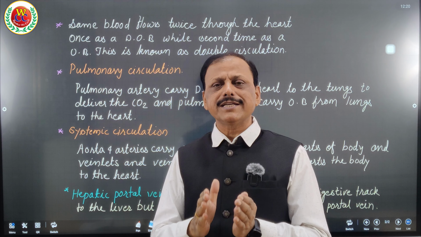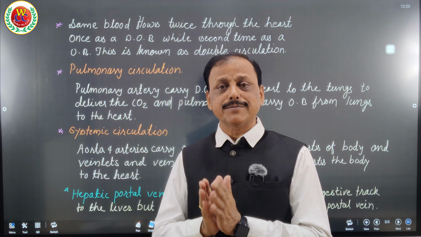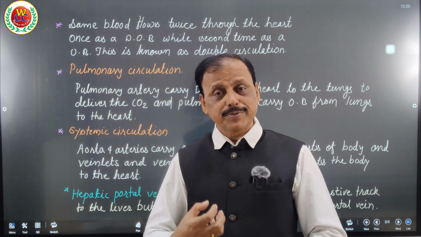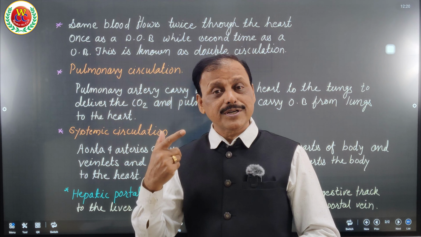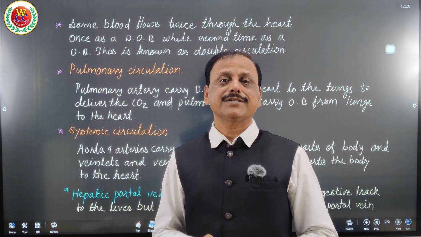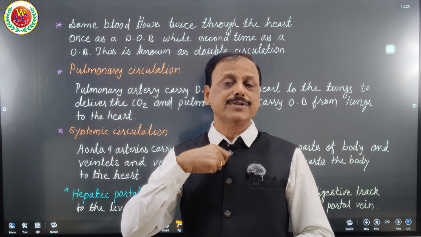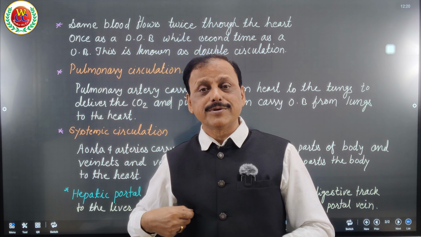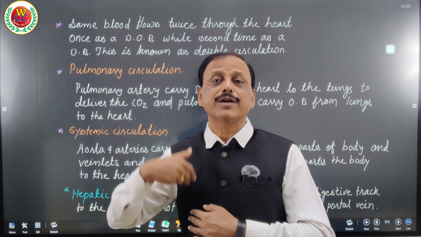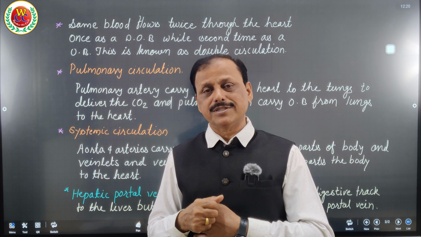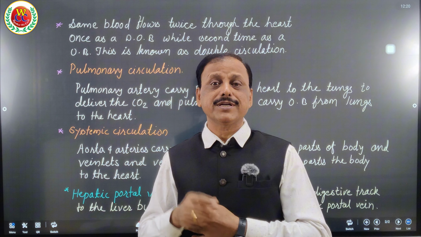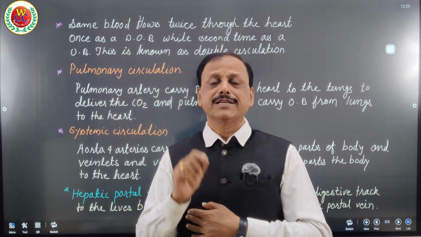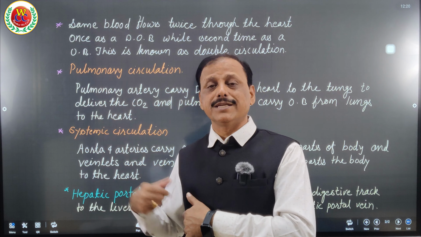It does not carry oxygen and carbon dioxide, but it carries the freshly digested content absorbed into the blood to the liver for checking toxic components. So it does not go directly to the heart; instead it goes to the liver to get free from toxic components. The liver is a guard of our body, so it removes the toxic components. Hence the hepatic portal vein carries blood from the digestive tract to the liver.